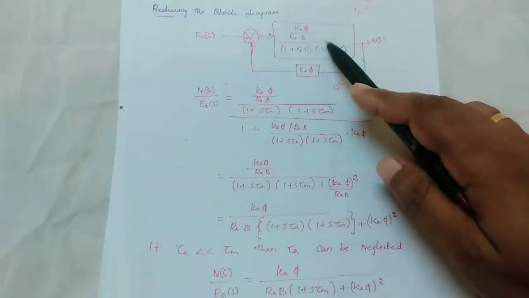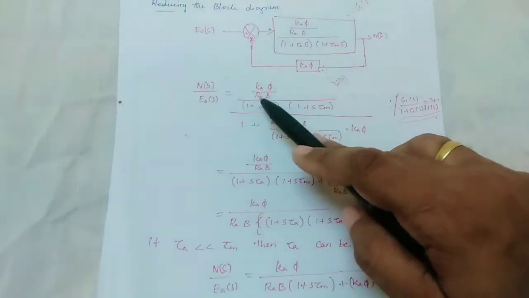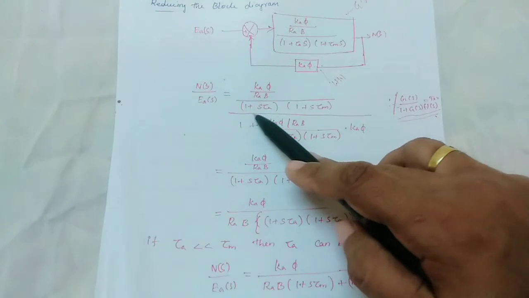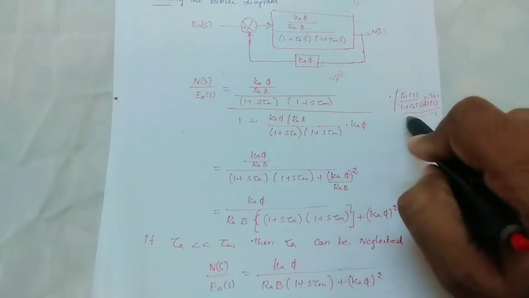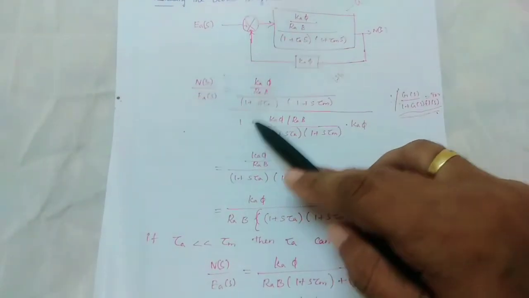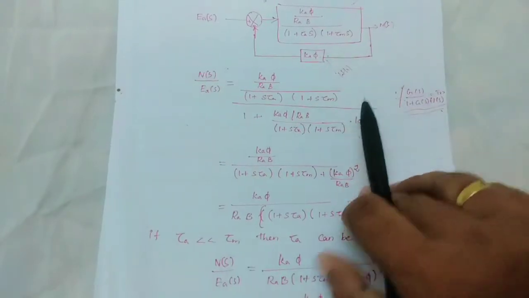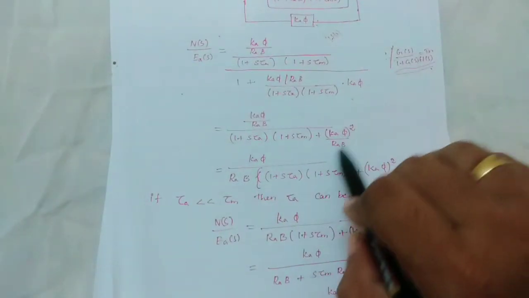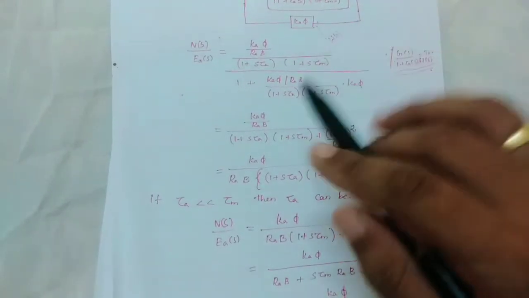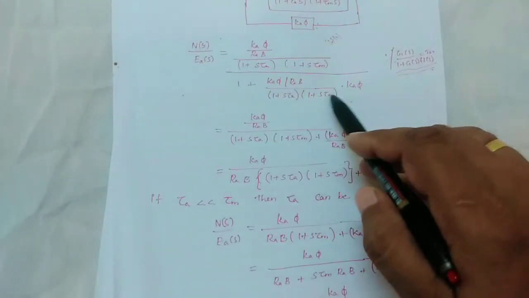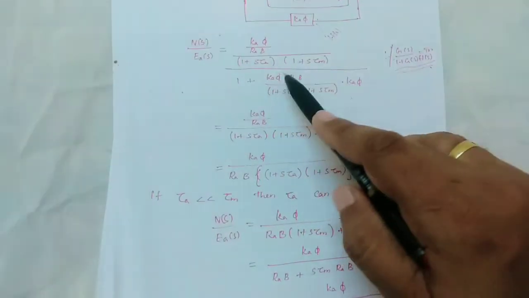Now we are substituting G of s, that is the numerator term, K a phi divided by RA B, 1 plus s tau A, 1 plus s tau M, and the denominator 1 plus G of s into H of s, where the same G of s and H of s terms are taken. Now we are simplifying this term. How do we get the simplification? Very simple: cross multiplication of this denominator, because we are taking the LCM for 1 and this term.